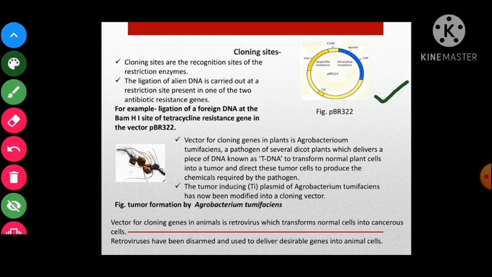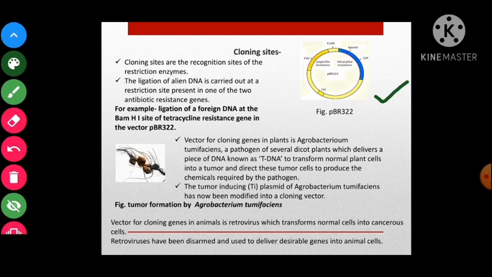So in this example, one antibiotic resistance gene helps in selecting the transformant, whereas the other antibiotic resistance gene gets inactivated due to the insertion of alien or foreign DNA and helps in selection of the recombinant. In that way, the recombinants are selected.